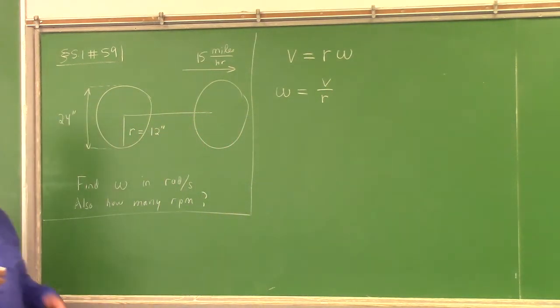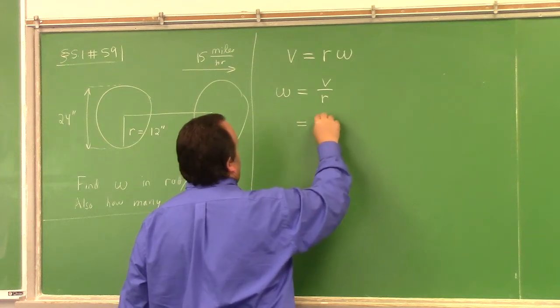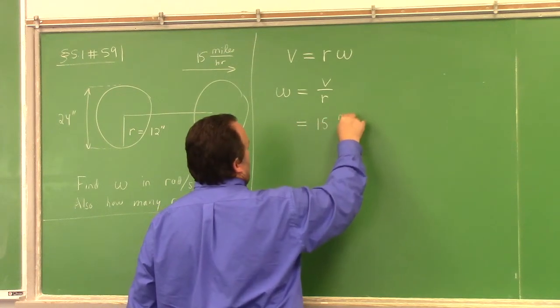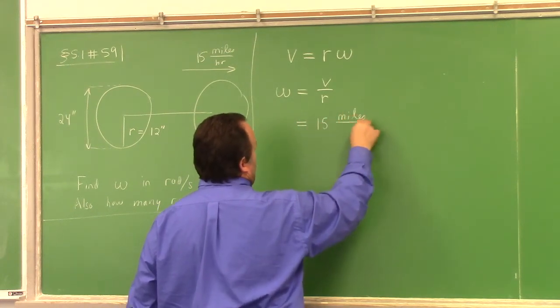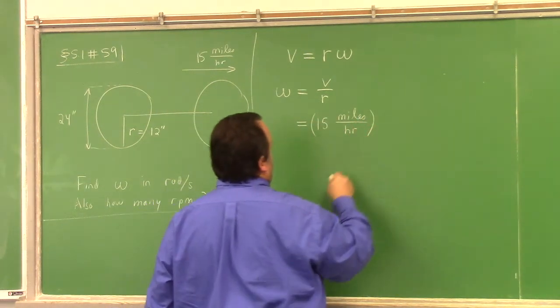Now it just becomes a somewhat annoying question of unit conversion, right? So let's see here. We've got 15 miles per hour, right? That's the v. And then we're dividing by what?